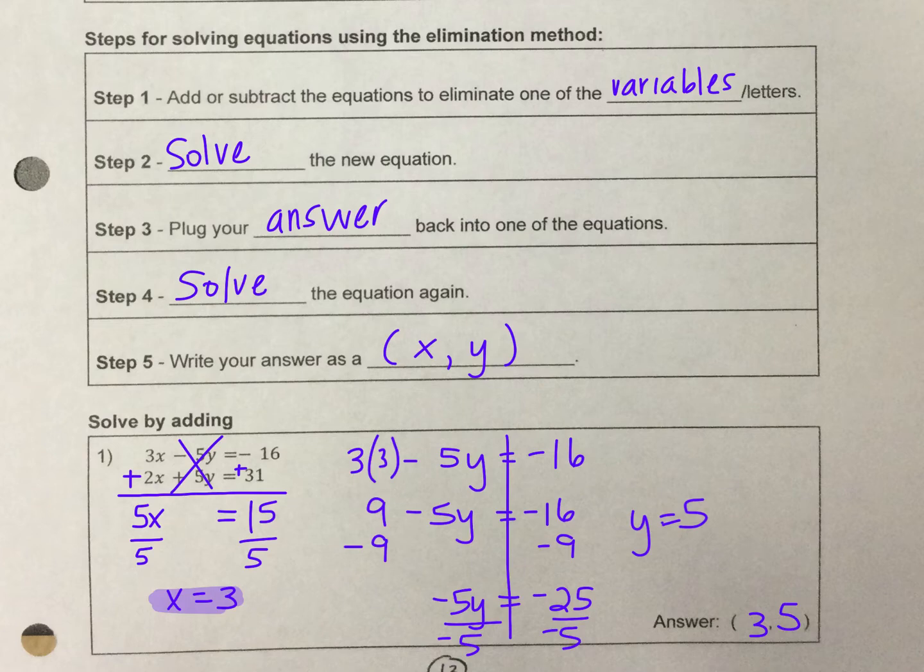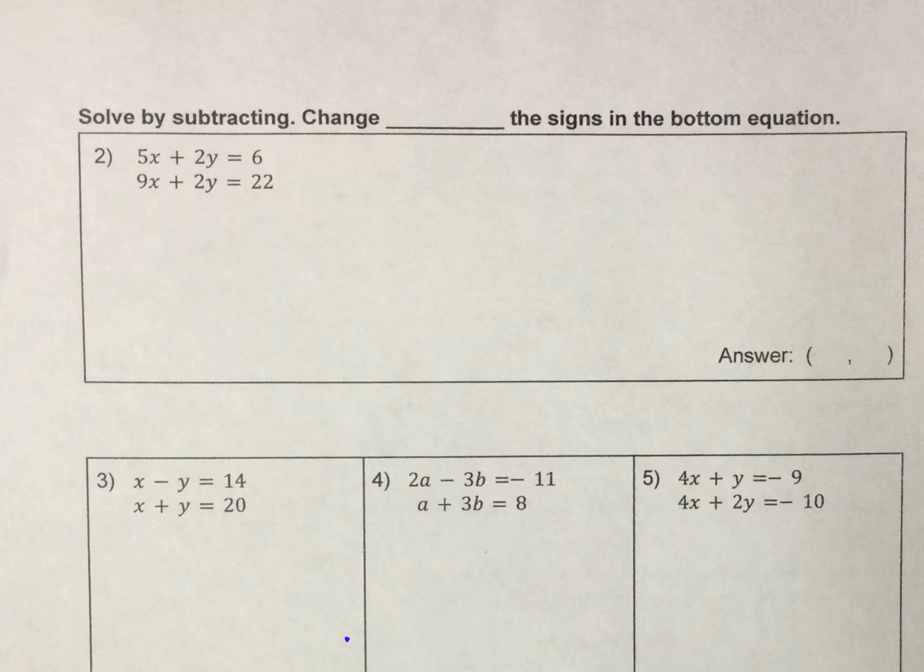Flip over to the back. Subtraction is a little bit different because we have to change all the signs in the bottom of the equation in order for it to mark out. So, when I look at this, I notice that these guys are the same, 2y and 2y. So if one of them were positive and one of them were negative, we could eliminate them.